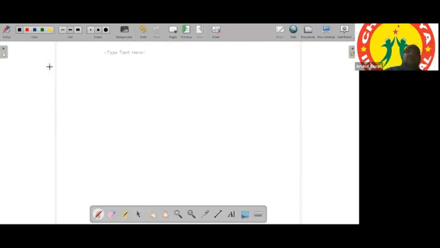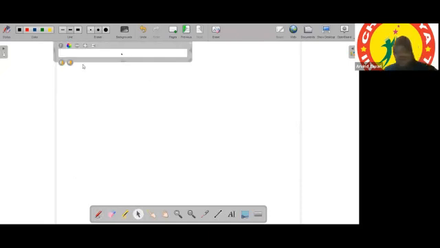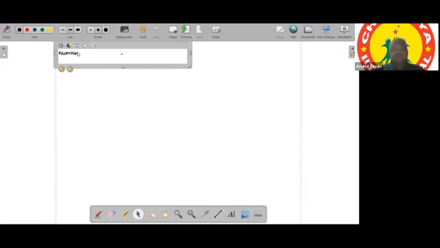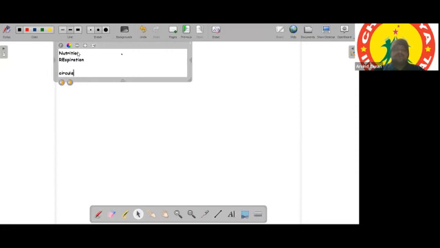For example, up to now we have done nutrition, then we have done respiration, then we have done circulation, and now we have to do excretion.